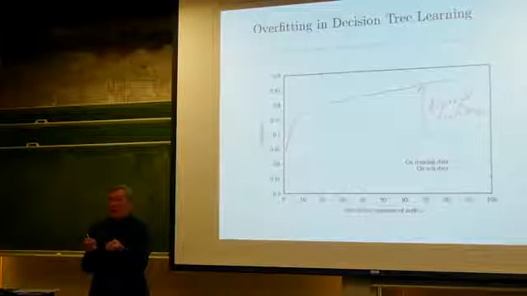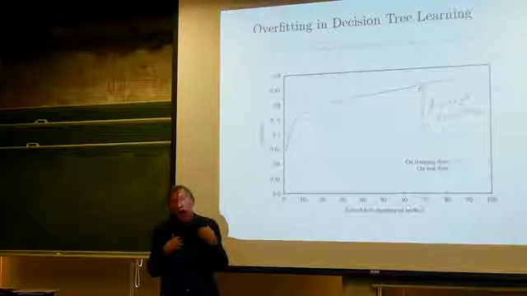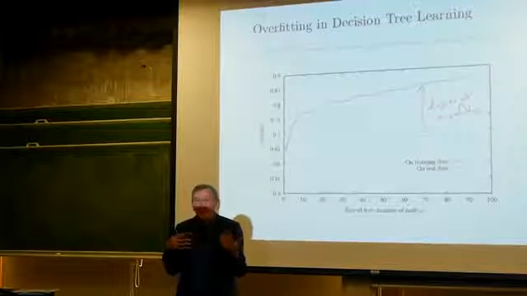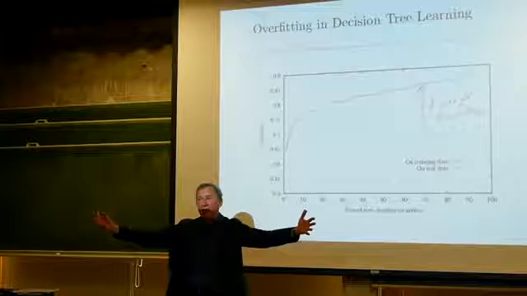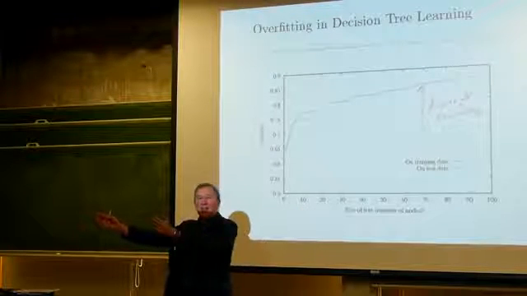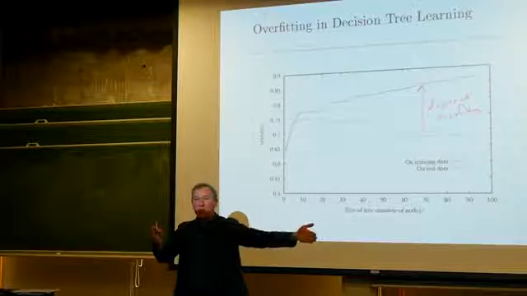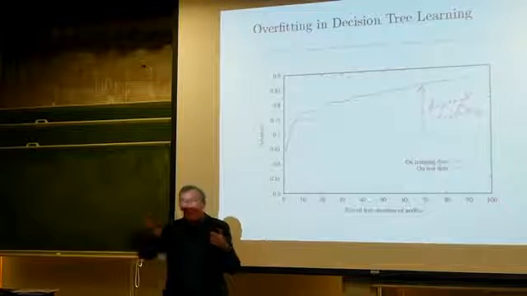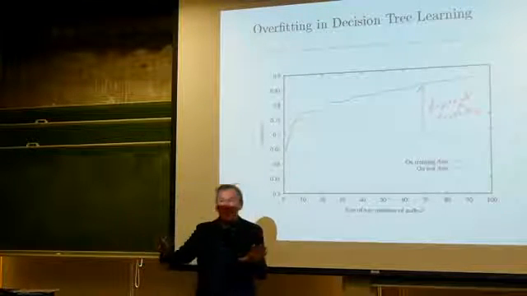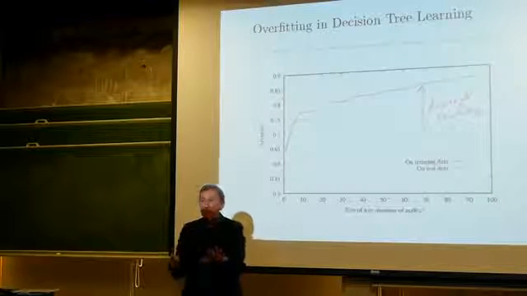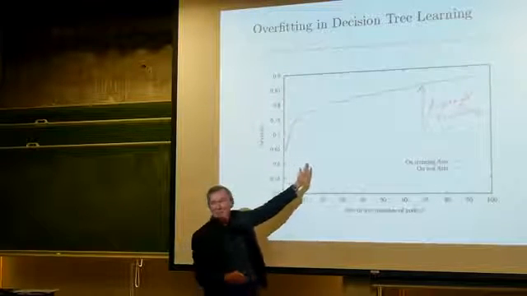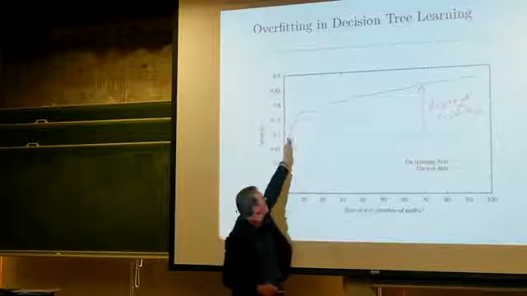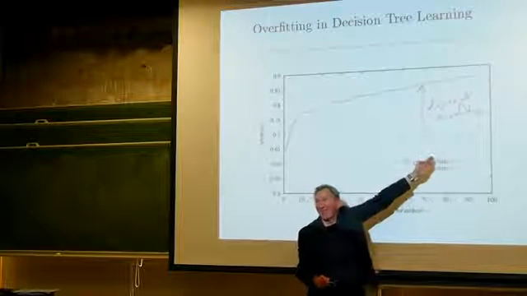One way we could accomplish that is actually have the program itself do what I did, right? I took the whole set of data that was available, I held out this set, and I only trained on that much. We could write a loop around the decision tree learning program that does the same thing, and at each step after it adds a new node to the tree, it could be plotting the next point in this plot.